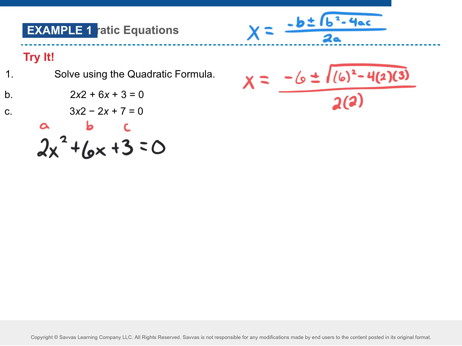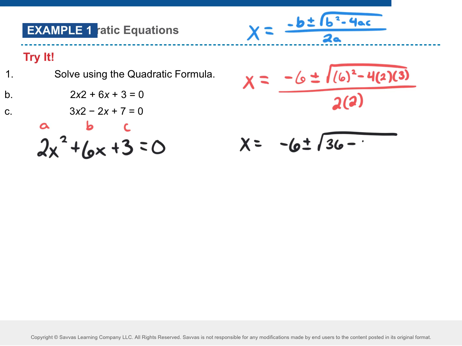Okay, so we have all of that filled out. Now we're going to continue going through. Like I said, kind of read it like a book. We're just going to keep going through the formula until we're done. So we have negative 6 plus or minus, and let's fill out this radical here. What's 6 squared? 36. Minus, what do I do with these 3?